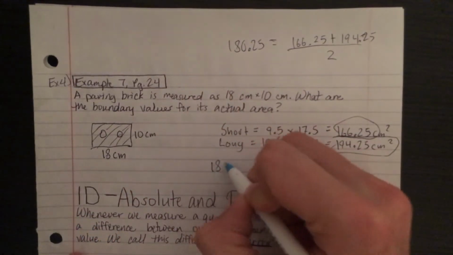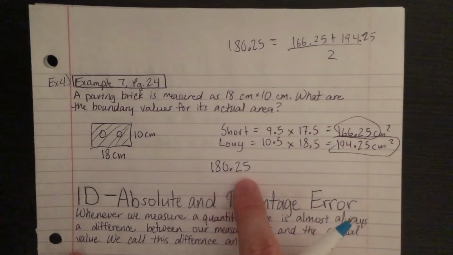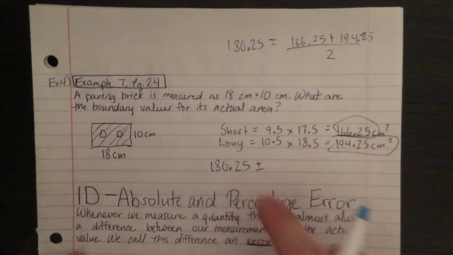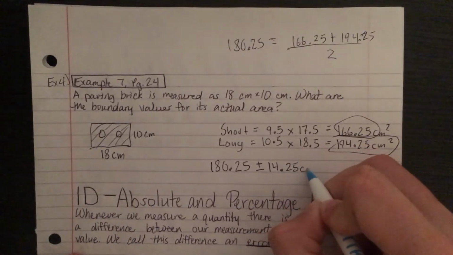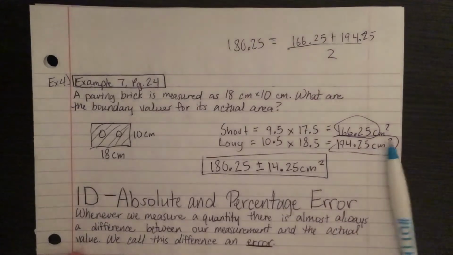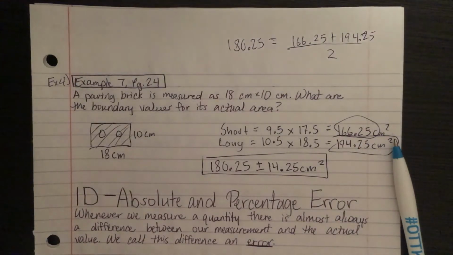If I want to write this more concisely, I'm going to say 180.25 plus or minus, this is our error here, 14.25 centimeters squared.